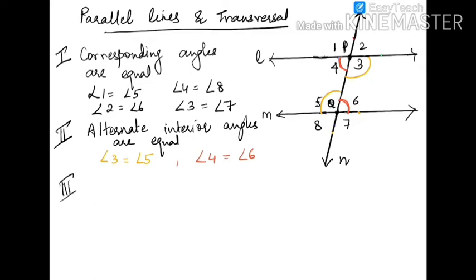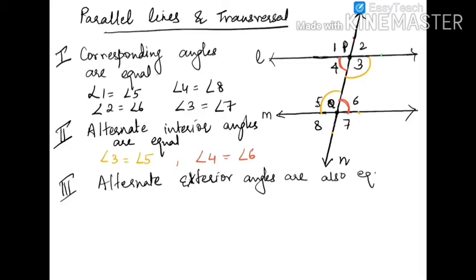Likewise, the alternate exterior angles are also equal. So marking these angles in the figure, angle 1 will be equal to angle 7. And angle 2 will be equal to angle 8.